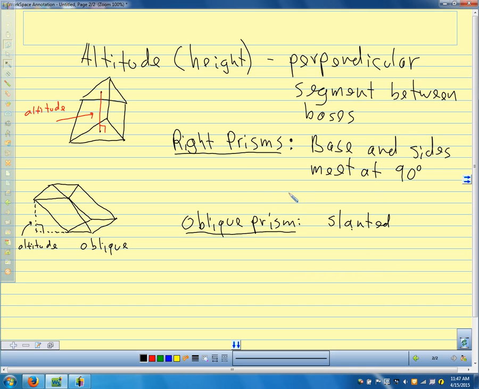For a right prism, the lateral faces are rectangles. For oblique prisms, the lateral faces are not rectangles.